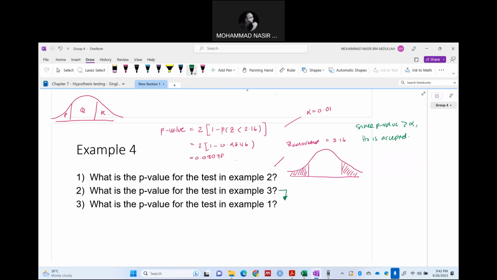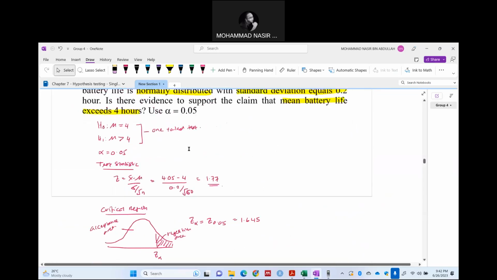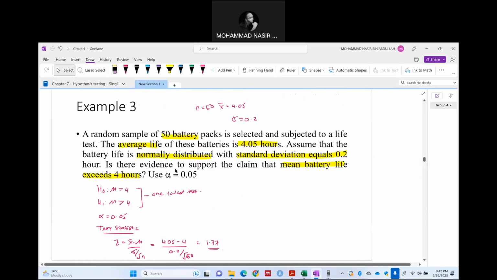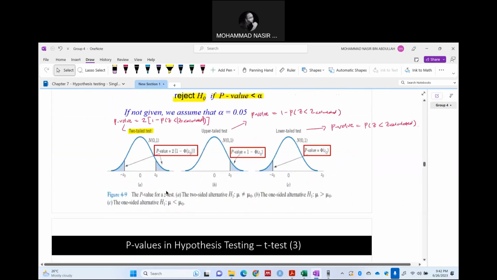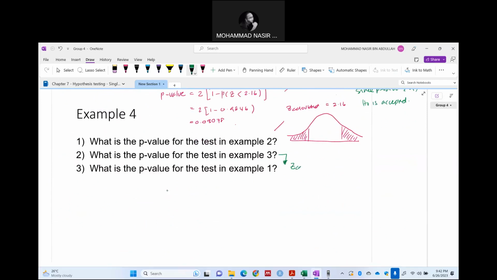So for example number 3, we have a one-tail test, more than. The Z calculated for example number 3 is 1.77. So this is a one-tail test to the right.